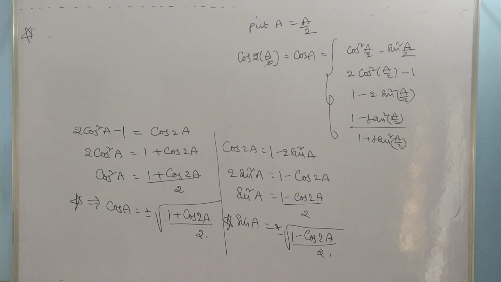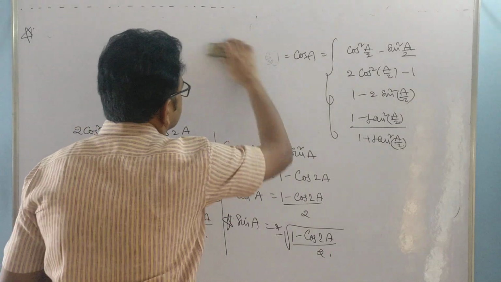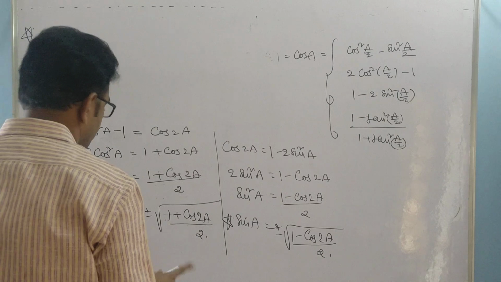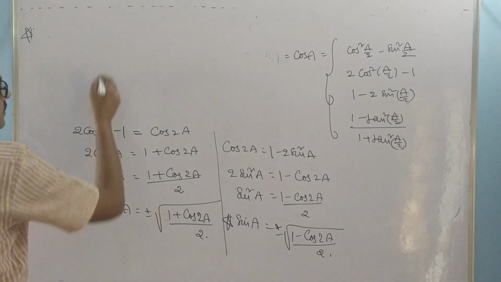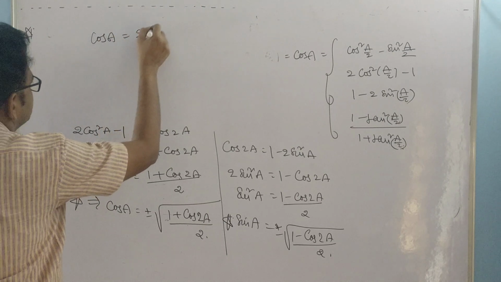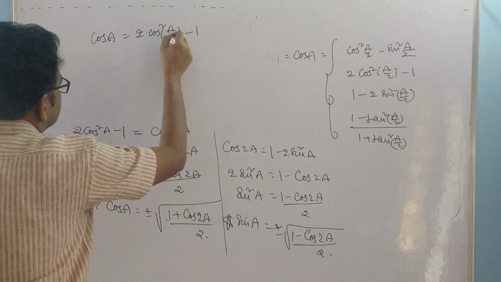Next one, from this, similarly, from this, what is cos A equal to? Similarly, cos A is equal to 2 cos square A by 2 minus 1.